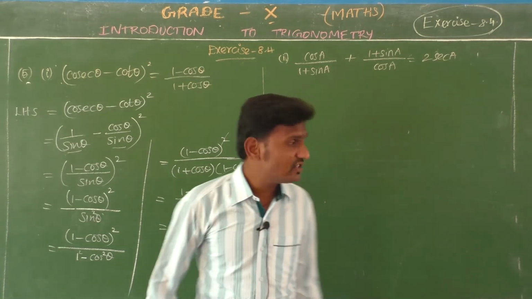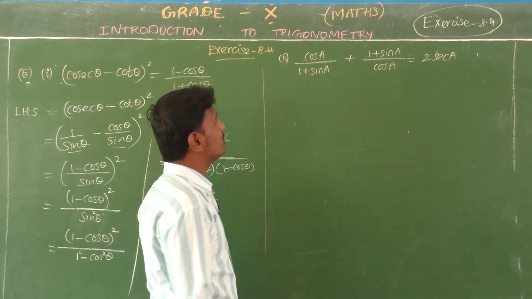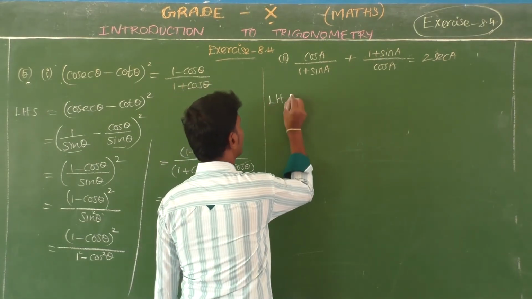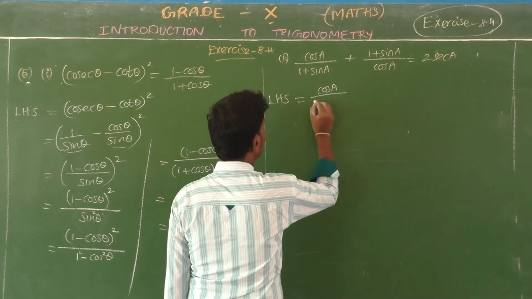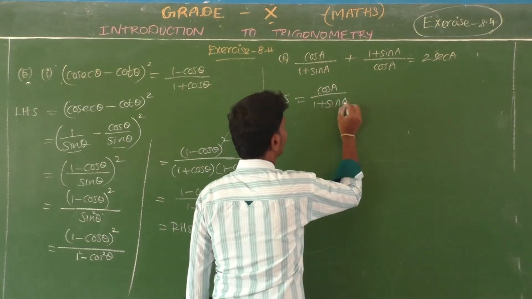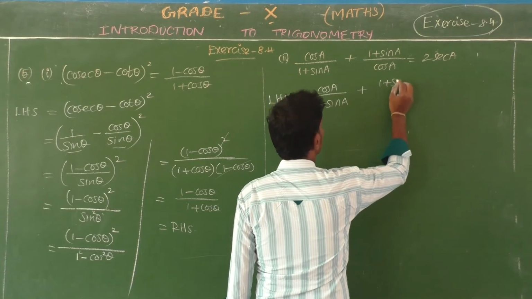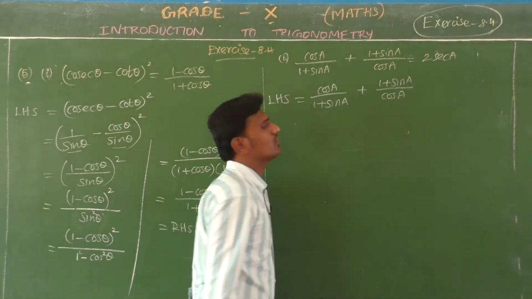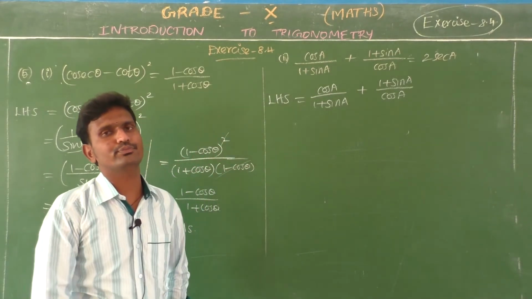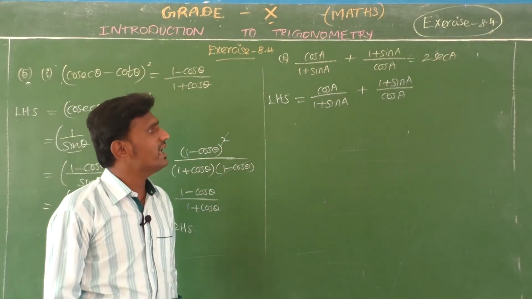Okay. And the next question is also very simple. So take the left side. What is given: cos A by (1 plus sin A) plus (1 plus sin A) by cos A, which is equal to 2 secant A, we are going to prove. Now I am taking the left side.